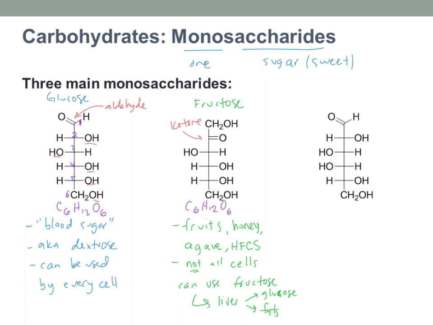Just because you're C6H12O6 does not mean you're glucose or fructose. It just means that you have that formula, which is not super descriptive. Since these both have the same formula but they're different compounds, remember that these are called isomers. Fructose and glucose are isomers of each other, because they have the same formula but different structures.